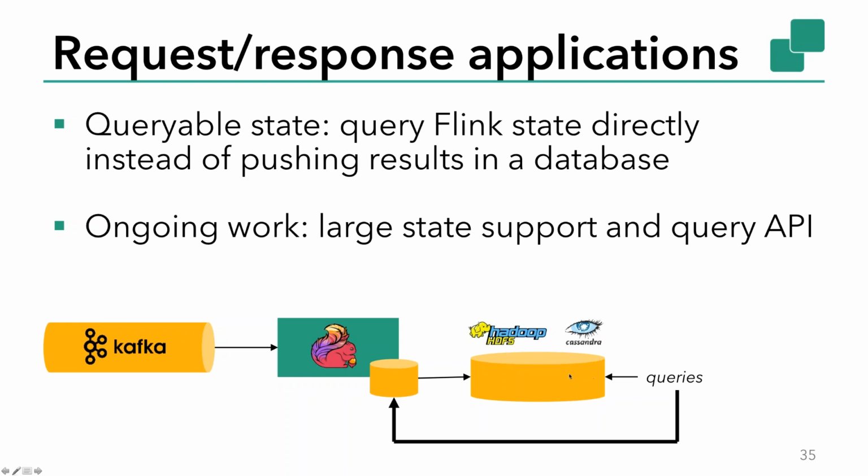What is happening in Flink is the ability to hold very large state inside the stream processor and provide a query API, so these queries can be routed directly to Flink without having to go through the database. The reason this is interesting and useful is that moving the data from the stream processor to the database is, in the vast majority of cases, the bottleneck of this whole processing pipeline.